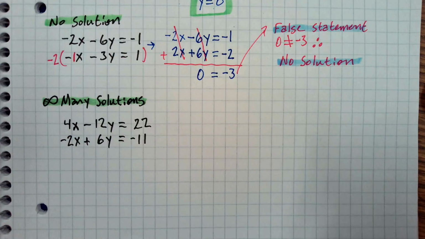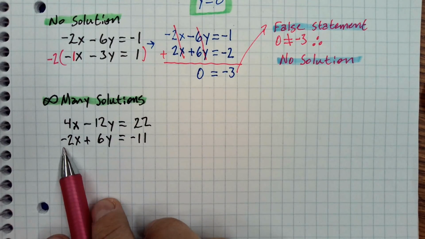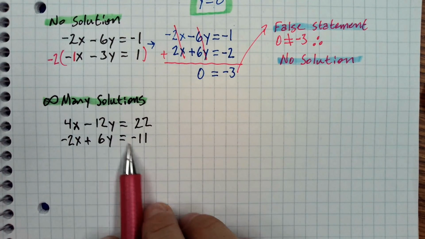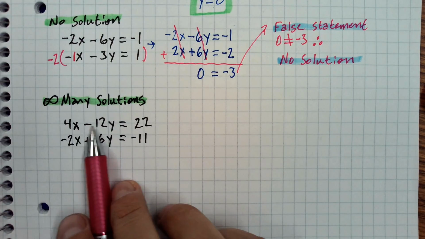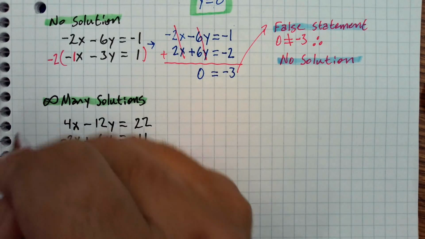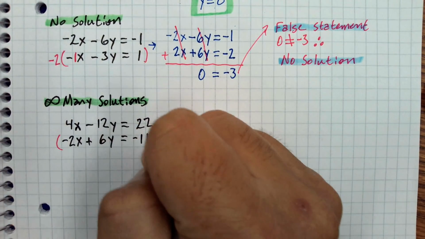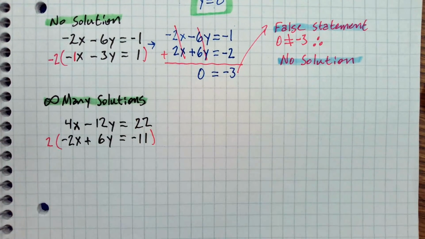So let's say I'm just trying to solve it. I could multiply the bottom one by what? By 2. Or I could multiply the top one by 1/2. Either way, let's just double this one. Let's say I did notice it. I'm just going to multiply the bottom one by 2. Okay?